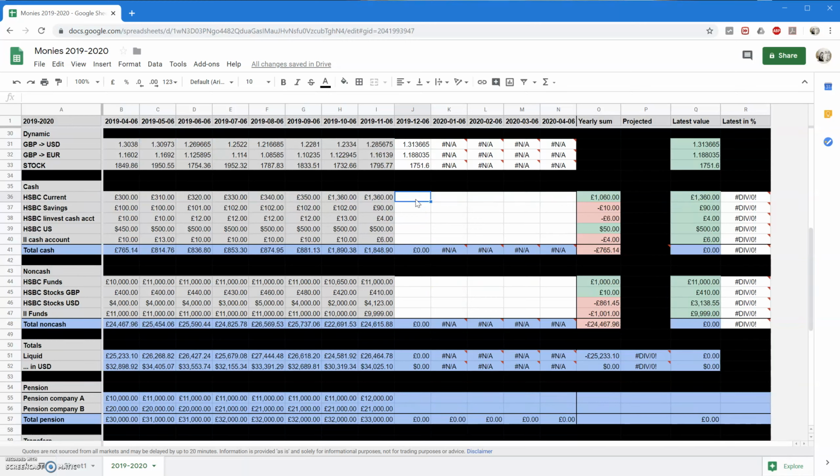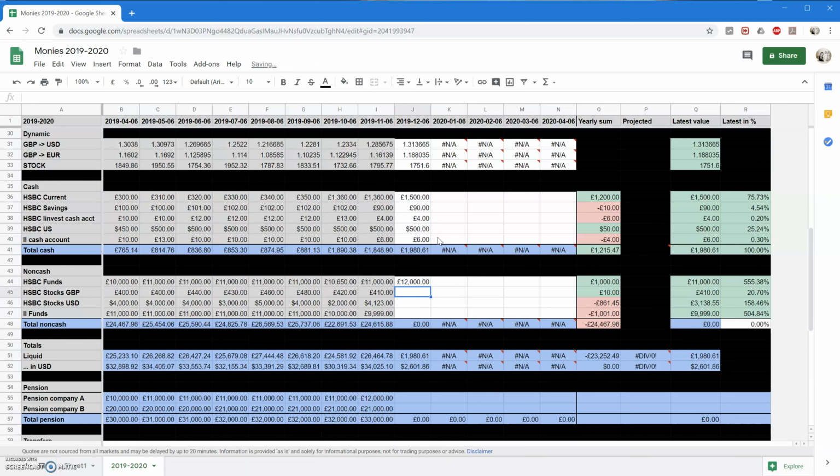Cash, I log into my HSBC account and see that I have 1,500, say, because I got this extra income, so that's what it is. Let's say nothing else changed. I log into the investment platform.